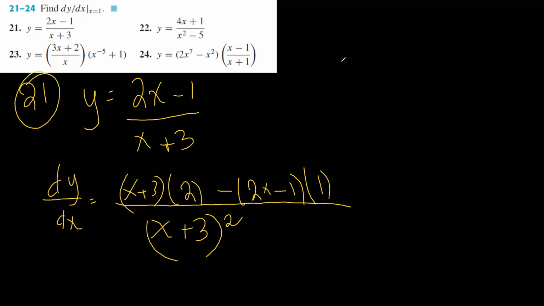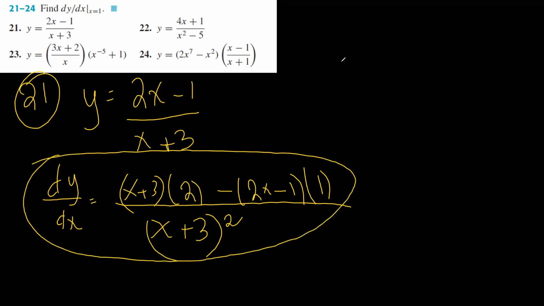The derivative of x plus 3 is 1, and the derivative of x minus 1 is 1. So this is now dy over dx.